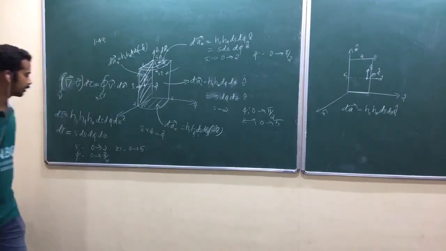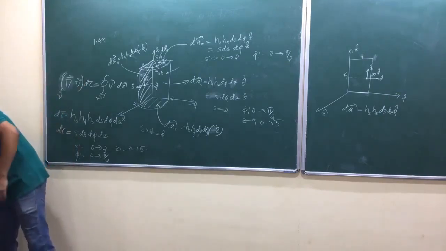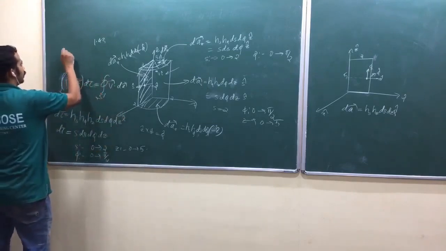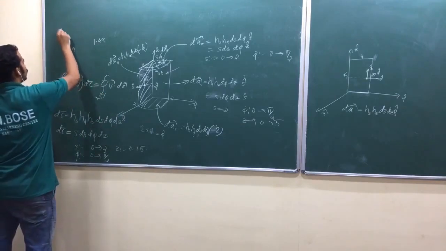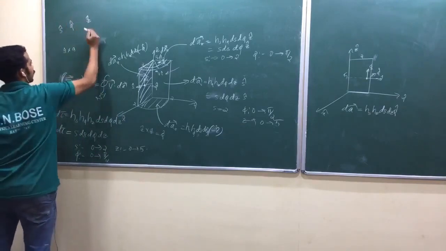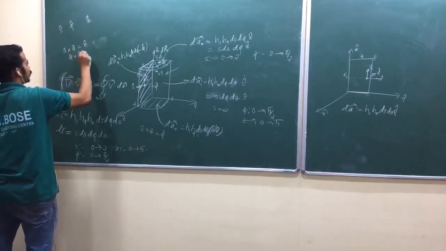S cross phi, I'm not getting. Now look at here, it is in cyclic order. Okay, look at here, S cap, phi cap, Z cap. S cap cross phi cap, you should get Z cap. Phi cap cross Z cap, you should get S cap.